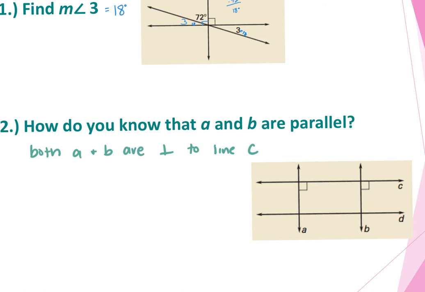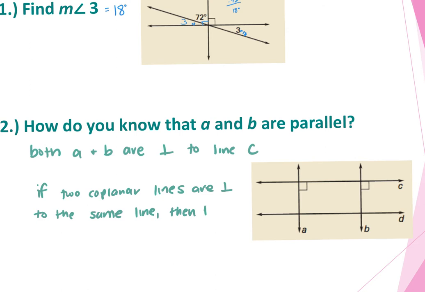No. If this is a reason in a proof, you have to write out: if two coplanar lines, because they have to be coplanar, are perpendicular to the same line, then they are parallel, which is the perpendicular line transversal theorem.